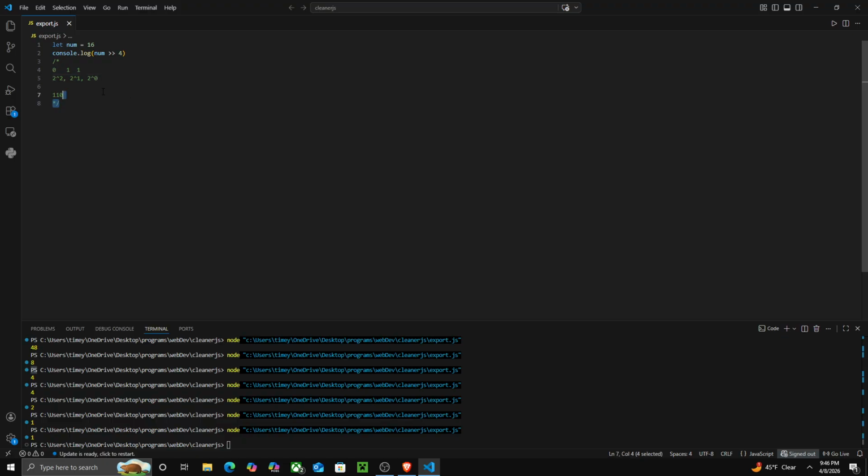Now, what if you were to keep going? There are no more powers of 2. So what would happen? Well, it would simply go to 0, and the way JavaScript interprets this is it wouldn't do anything.